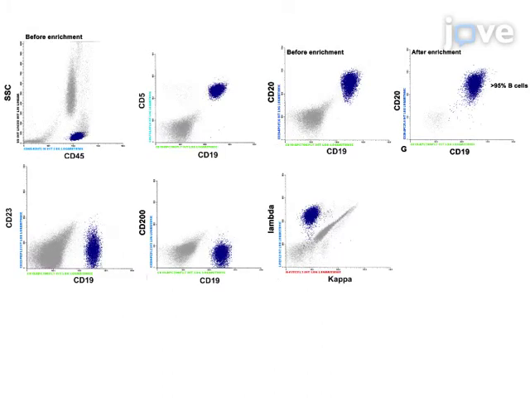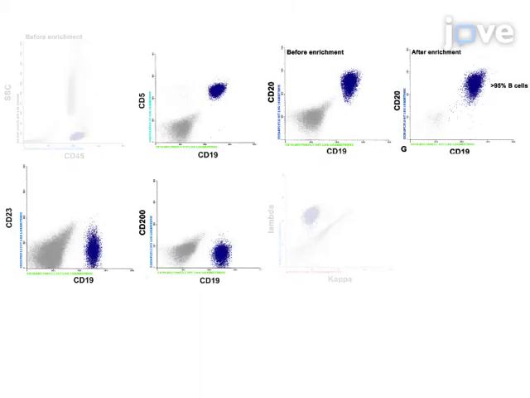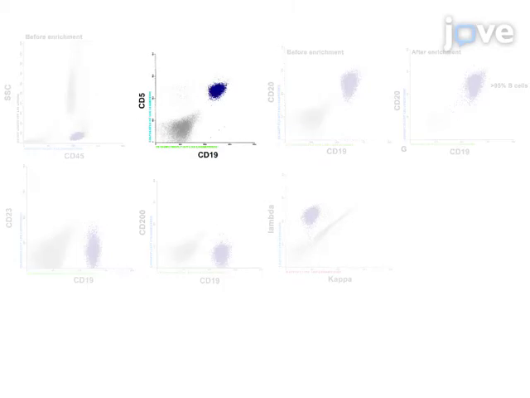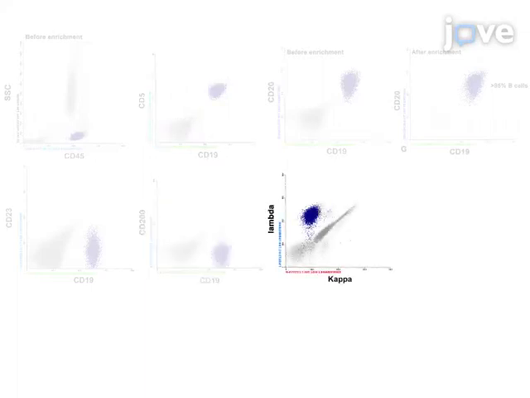In this study, flow cytometry is performed to study the purity of B cells before and after enrichment in mantle cell lymphoma. To characterize the mononuclear mantle cell lymphoma, B cell-specific markers such as CD45, CD19, CD5, CD200, CD20, kappa and lambda are used.